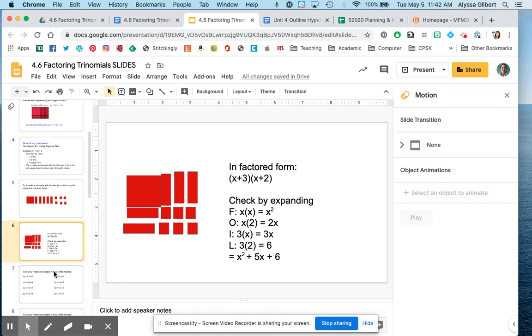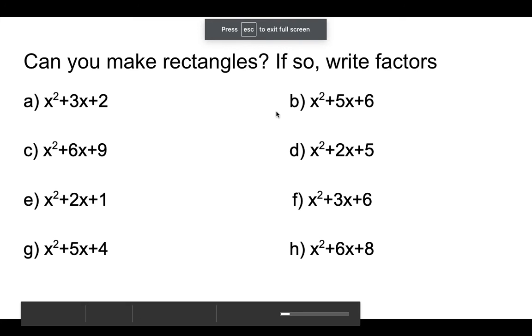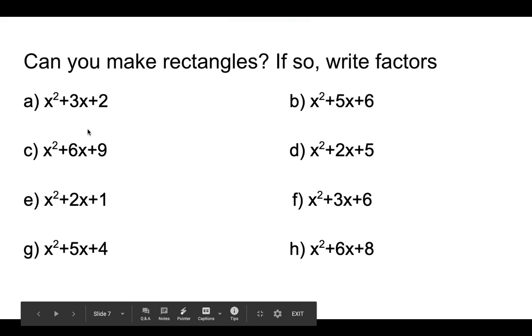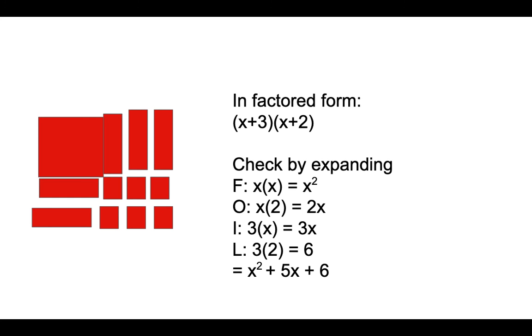What I'm going to do is I'm going to put up some questions. Here we go. And if you can think about it, can you make a rectangle out of these equations? So if you have one x squared tile, 3x tiles, and 2 single tiles, could you make a rectangle? And if so, write down the factors following the steps we did on this slide, okay?